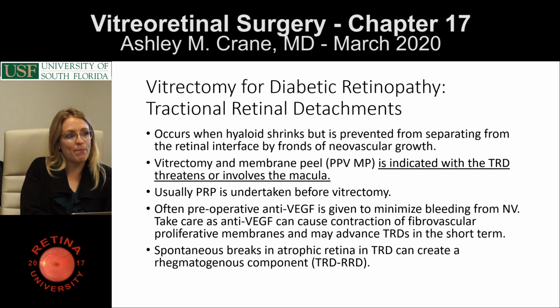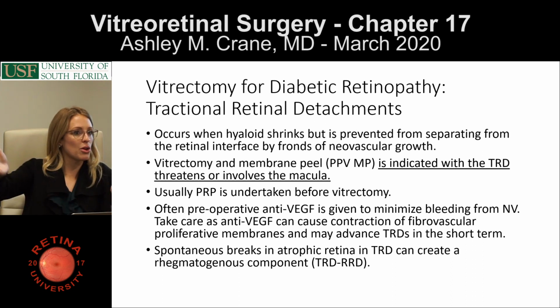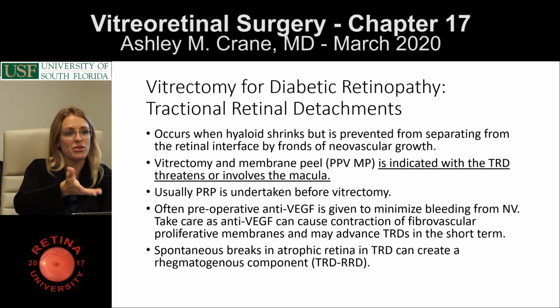So if you have a detachment that splits the macula or is very close to the fovea, and then they have a vitreous hemorrhage, you can't tell where that detachment is anymore. Even on ultrasound, you can't tell where the fovea is exactly. So they might go earlier.